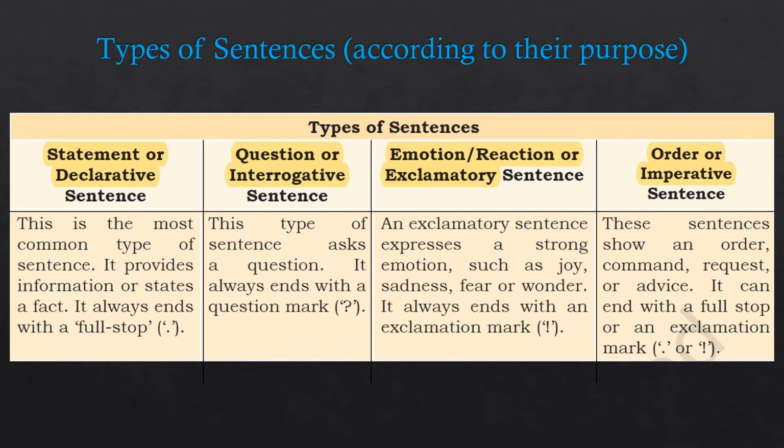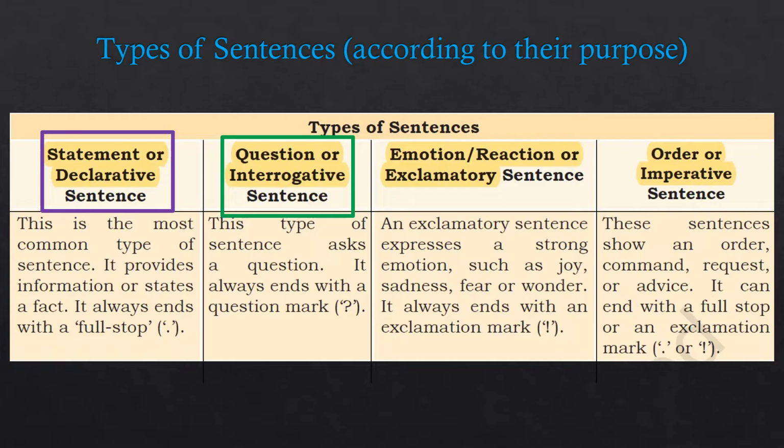Now there are 4 types of sentences according to their purpose. First type is statement or declarative sentence. It is the most common type of sentence which we use. It provides information or states a fact, and it always ends with a full stop. Then next type is question or interrogative sentence, means in which we ask question or we do interrogation.